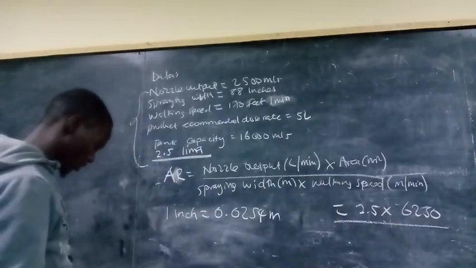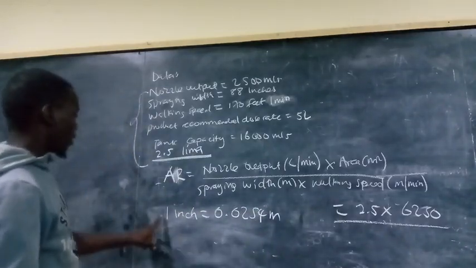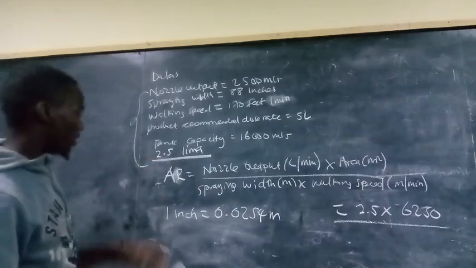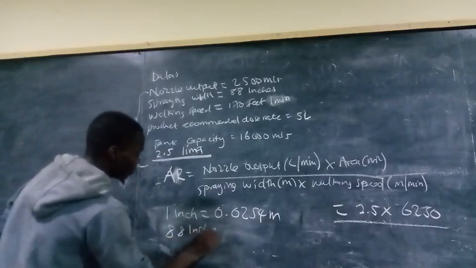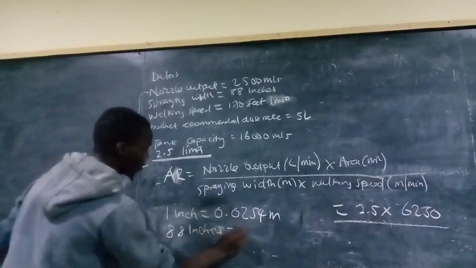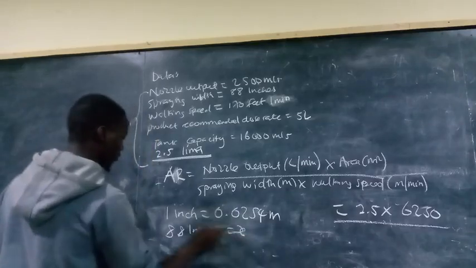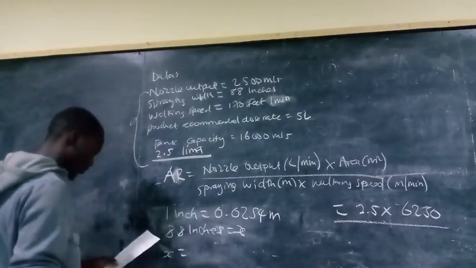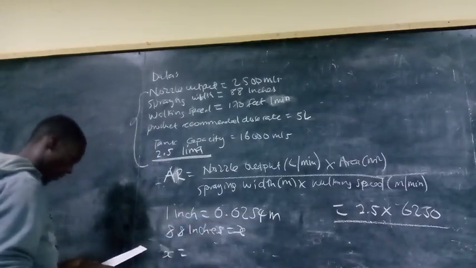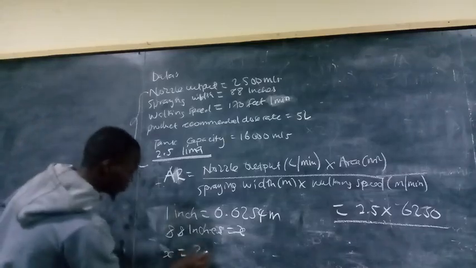So that's the conversion that we're going to use. How many inches do we have here? It's 8 inches. X, so we cross multiply. So this by this, x, and this by this. So you get a figure that is 2.24.